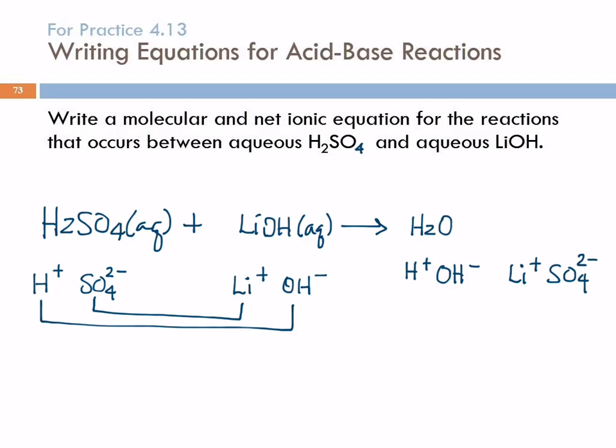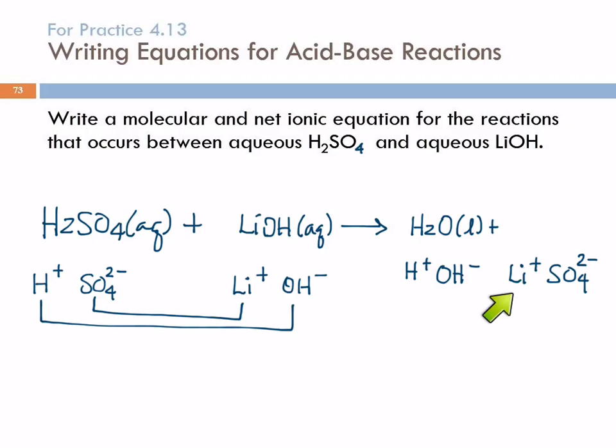And it doesn't tell us what the temperature is. If there's no temperature specified, you can assume room temperature. So at room temperature, we should know that water is a liquid. And so the state symbol for this would be L. And then we've got this lithium with a plus 1 and sulfate with minus 2.